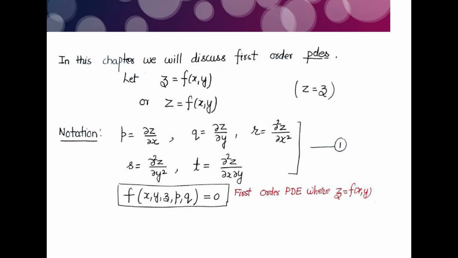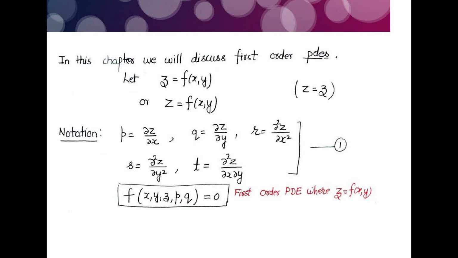These are some standard notations. The partial derivative of z with respect to x is denoted by small p. The first order derivative of z with respect to y is denoted by q. And r is the second order partial derivative of z with respect to x.